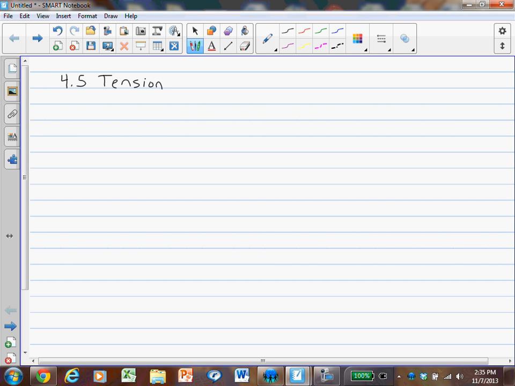And the symbol for a tension force is Ft, like that. Okay? And we also get Ft1 and Ft2 if we have multiple tensions in there.